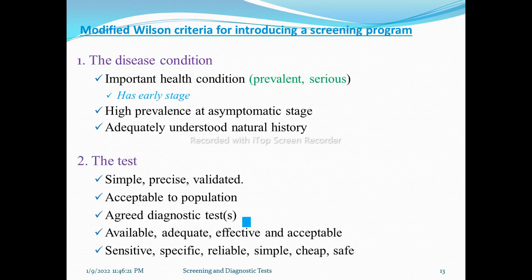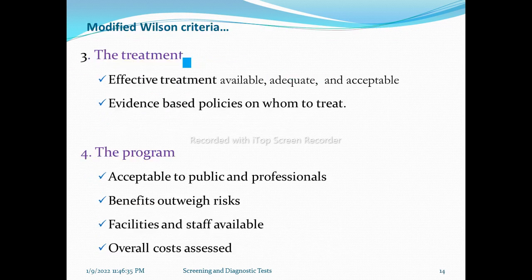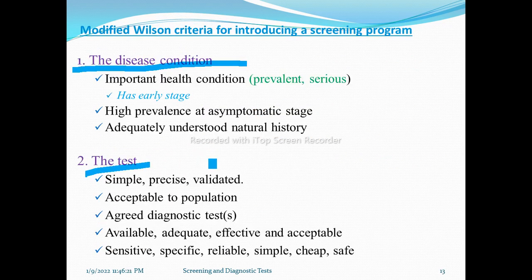To start a screening program, we should observe the disease condition, the test, the treatment, and finally the program. From the 4, the most important is the disease condition and the test criteria, but according to Wilson there are 4 criteria. So let us see this one.